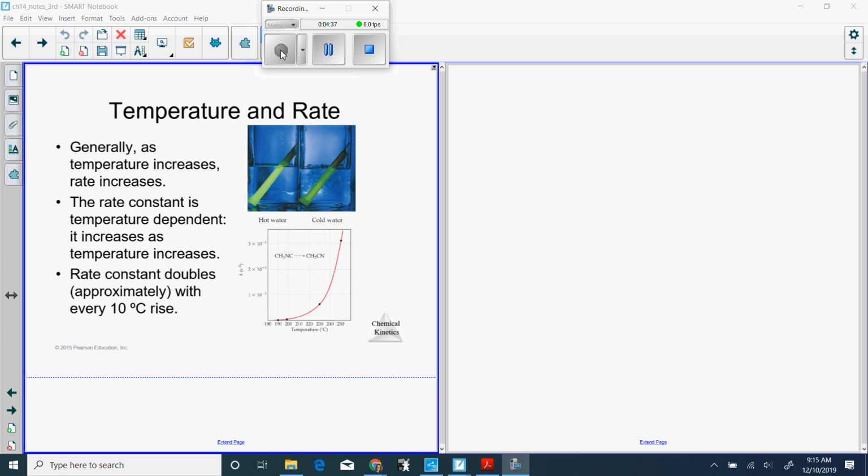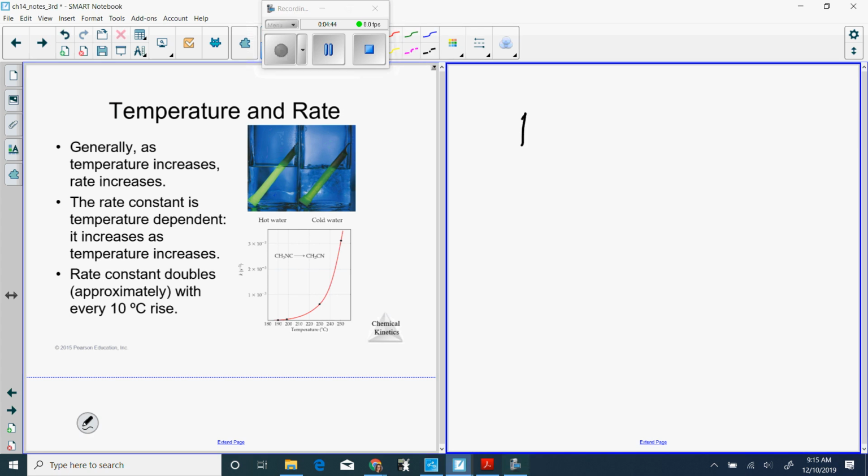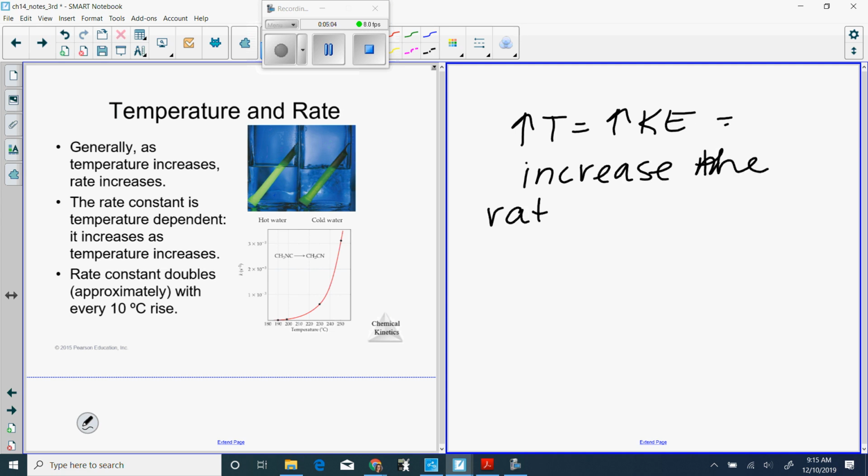So if I increase my temperature, I'm going to increase my kinetic energy, right? If I increase my temperature, I'm increasing my kinetic energy. They're the same thing. But it makes my rate faster because it gives molecules more energy. So this is going to increase the rate of the reaction.